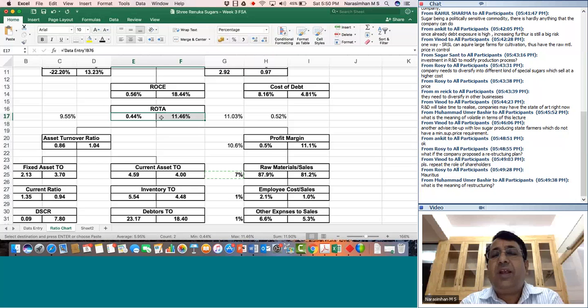So here I don't see much scope for restructuring of this business. What we can do is pick up a couple of sugar companies and study how other companies are doing. If some of the other companies are doing well, then we can check why these companies are not doing well, and any possibility of restructuring. If at all, we can ask them to sell off that Brazil unit and then concentrate on India, which may not be a nice decision because the whole strategy will collapse.